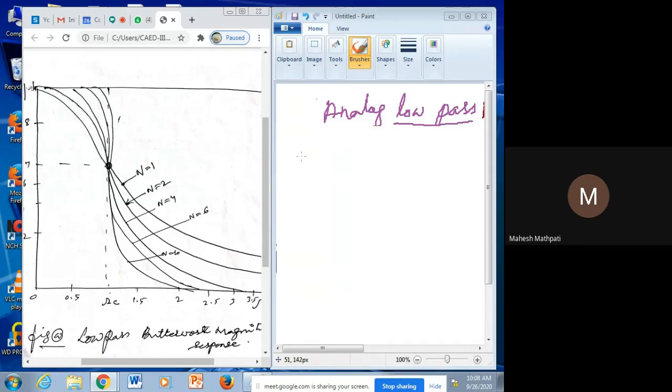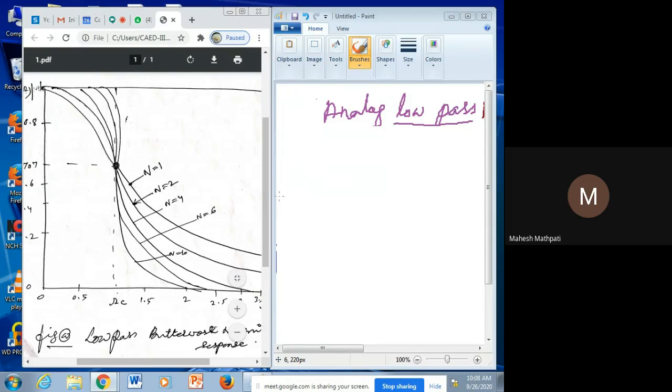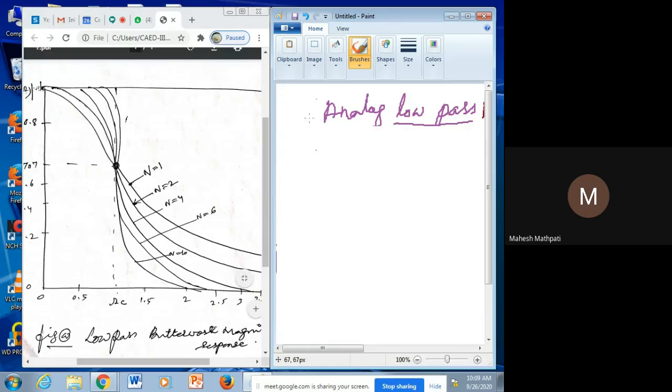Now, you just write one line. This you may expect as an MCQ question again. The Butterworth filter has, you just write it in points: the Butterworth filter has a very smooth pass band.